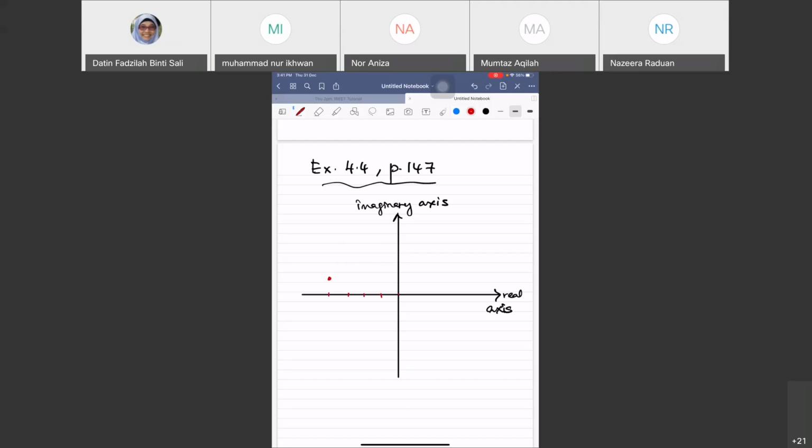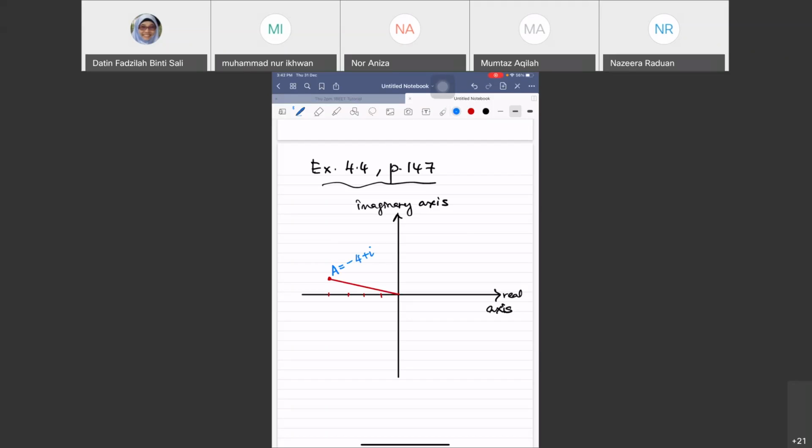This is the point. Then you just draw a straight line. That is the line of A, which is -4 plus i. No arrow, it's just a line.